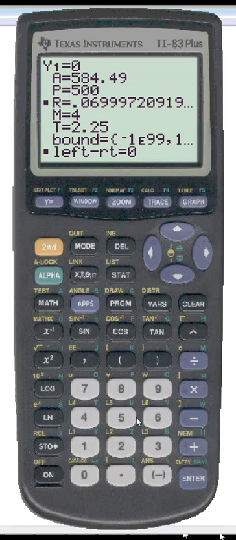The reason it's not exact is because when we solved for A, it wasn't exactly 584.49. It had a bunch of decimal places, and since I'm rounding it to the nearest cent, which is what you have to do, I get something that's not quite 0.07 here.